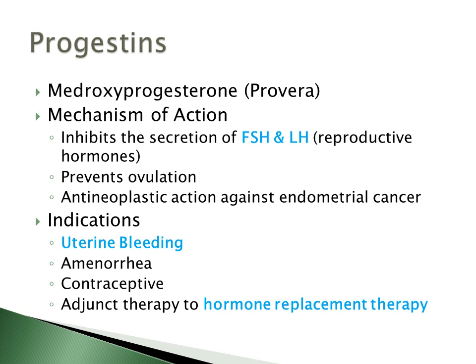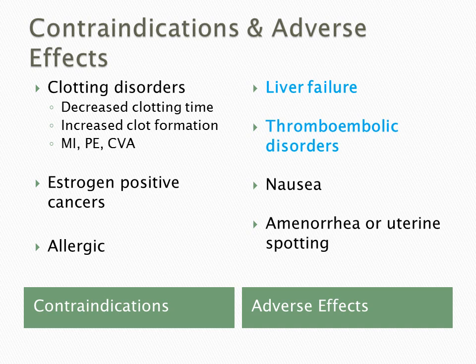It can be caused by fibroids, cancer, it can be genetic. Can also help treat primary and secondary amenorrhea, and then again as a contraceptive. Also, as I mentioned before, it can be used as an adjunct therapy to hormone replacement therapy. And the reason why it's added to estrogen and hormone replacement therapy is, again, to protect the uterus. And that, I would say, is probably one of the more common uses for progesterone.